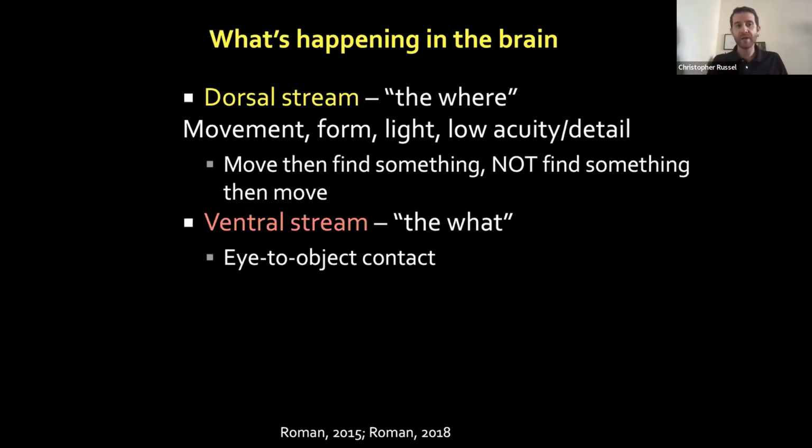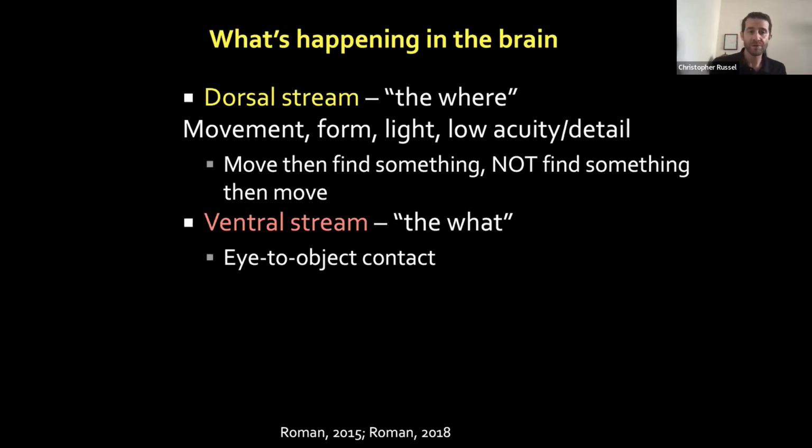Of course, we take it for granted that all of this happens simultaneously and seamlessly if you have typical visual processing. These two streams or pathways are integrated. They're working at the same time and working together. But they actually have separate functions and purposes. And in CVI, they're not working well together.